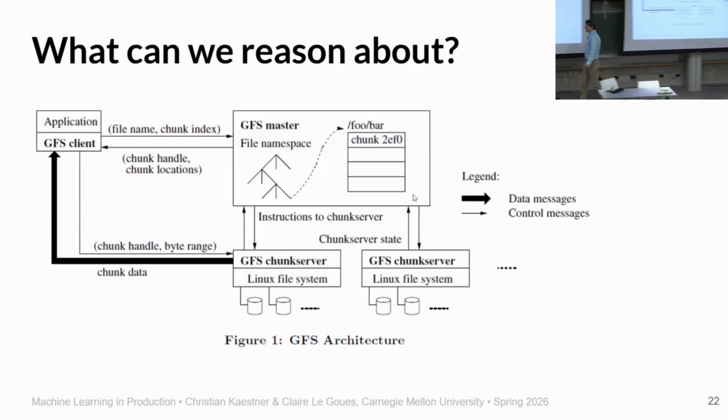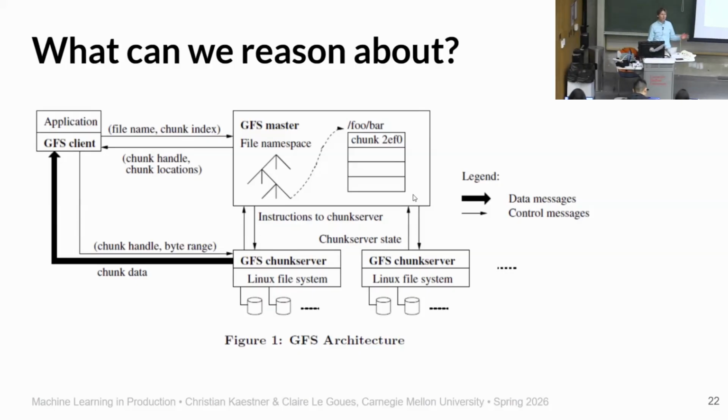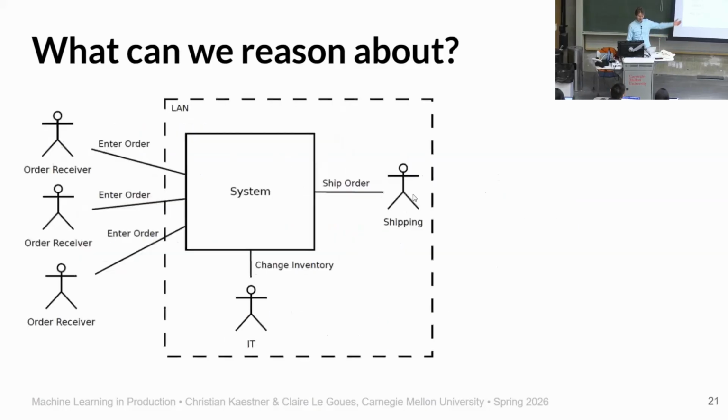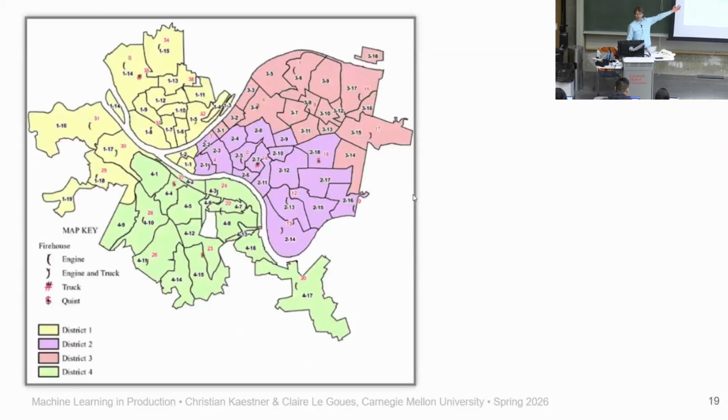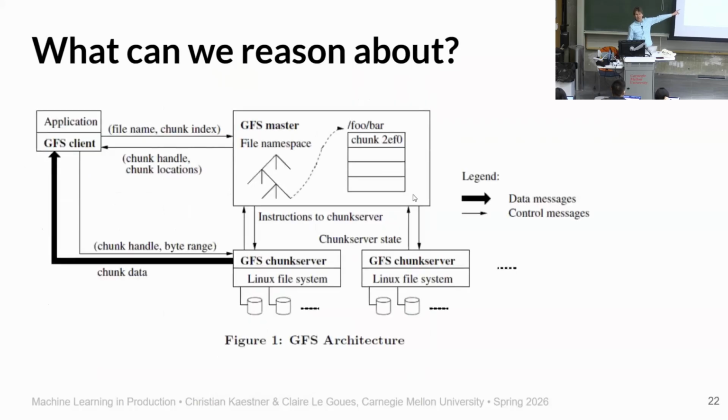So the specific details don't matter too much. The point here is that we're using these diagrams similar to how we use maps of a city for specific reasoning. If I want to reason about security, I would maybe use something like this, not something like this.